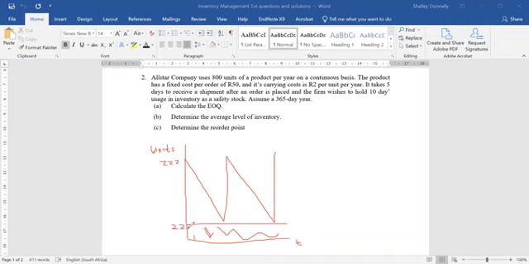Every time they order 200 that comes in, because they always keep this constant, that means going up to 222, coming down to 22, then another order comes in, etc. But there's a 5-day delay. So they've got to not only have 22 units in stock when they pick up the phone, but they also have to have another 5 days of stock left, which would be this amount here.